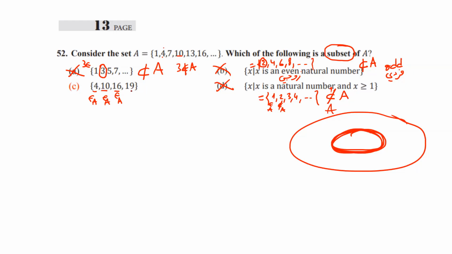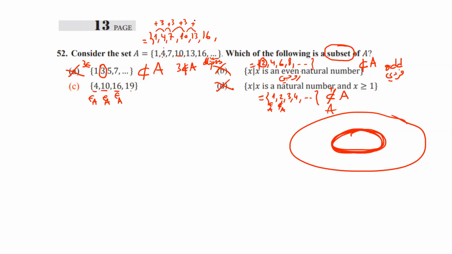So how does it come? 19 doesn't appear here. But this is normal, because look here, these are called ellipses. They mean we didn't write all elements of A. What comes after 16? How did we construct A? What is the relation between the elements of A? Here 1, then 4, then 7, then 10. Between 1 and 4, each time we add 3 to get the next element.